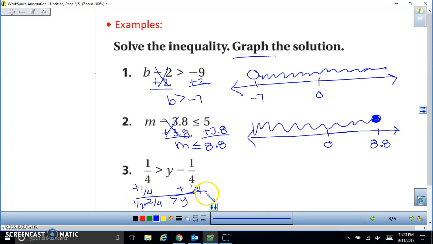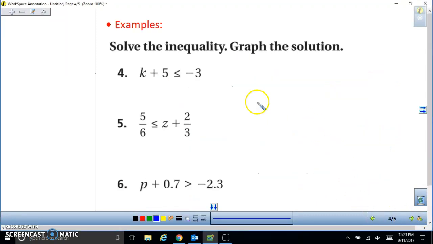So on our number line, we have 0, and 1/2 is super close to it, and y is less than 1/2, so we're shading to the left, and we have an open circle since it doesn't have that little line underneath the symbol.